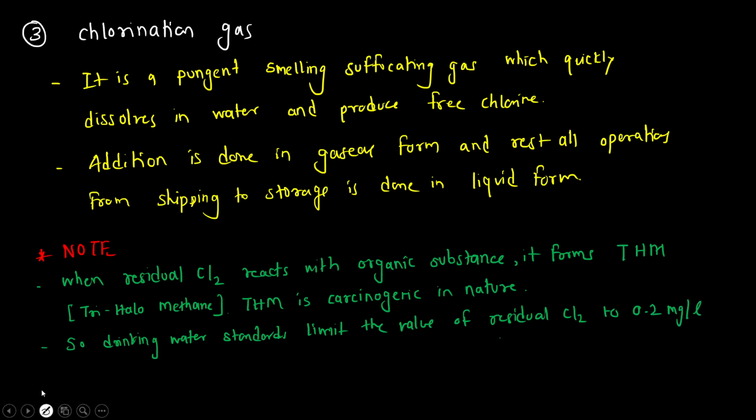If we write down the specifications which are given, then free residual chlorine should be equal to 0.1 to 0.2 mg per liter.